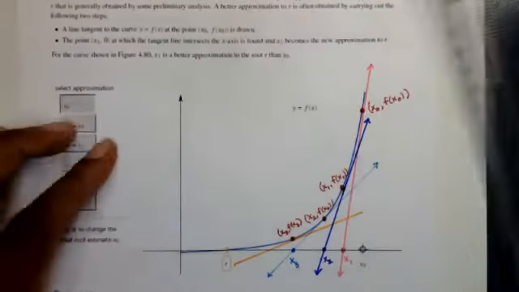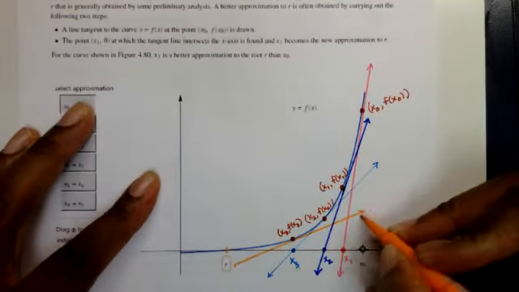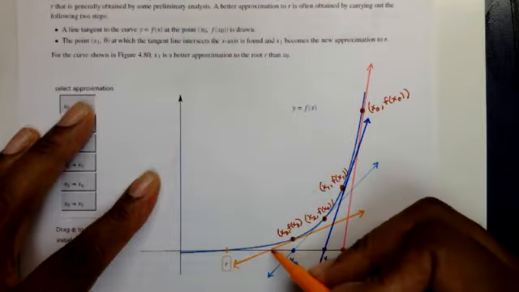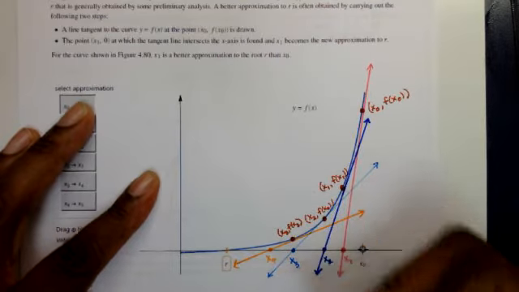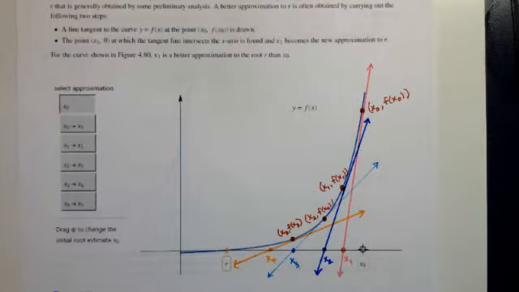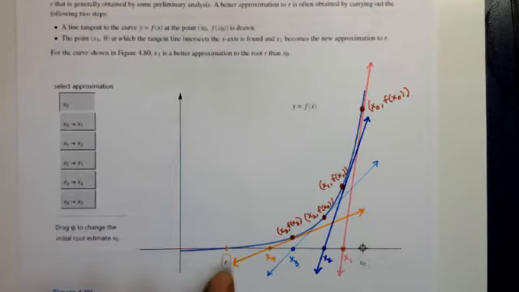The tangent line you see in orange crosses the x-axis at this point, which is going to be x4. The idea that I'm impressing upon you is this: the more tangent lines you draw on this graph, the closer you're going to get to what r is equal to. That's the idea of Newton's method.